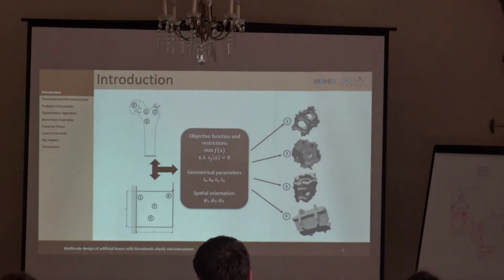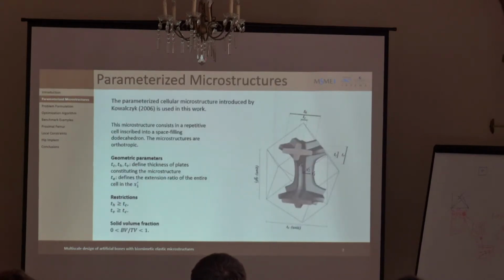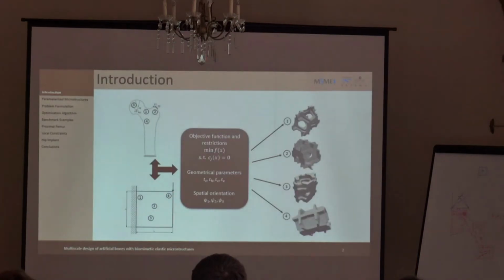Well, the objective of this work is to find, for a certain macroscopic body, the microstructural material distribution that optimizes the macroscopic behavior of the body according to certain objective functions and restrictions.